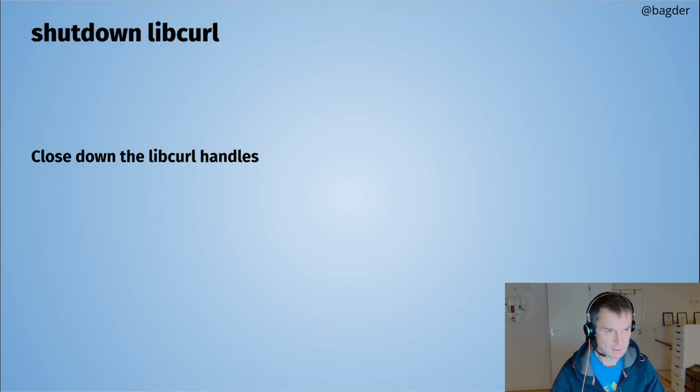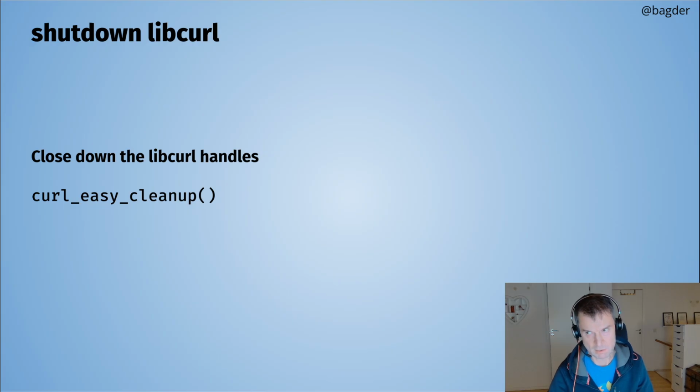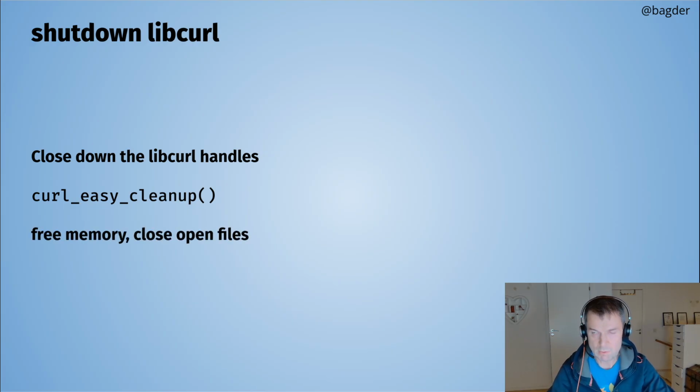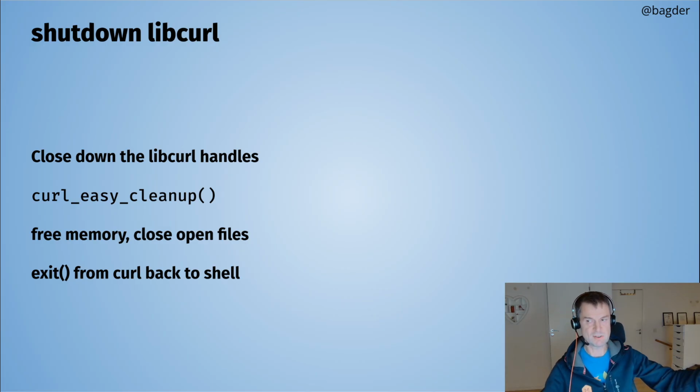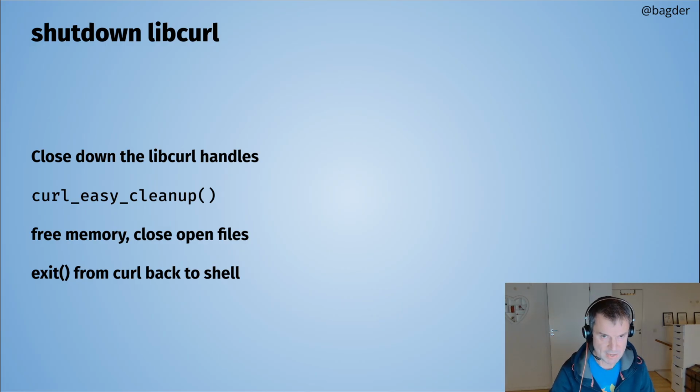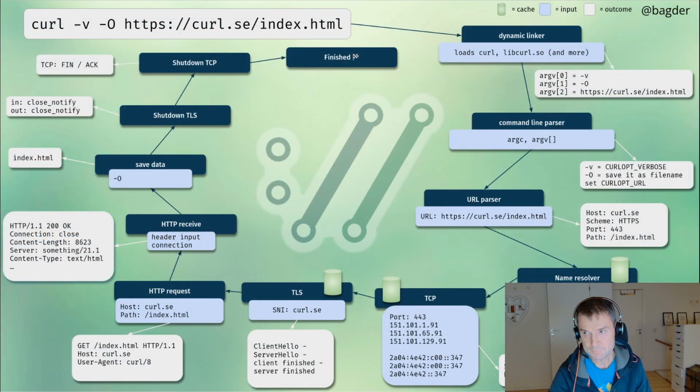So in the curl code, we now close down the libcurl handles that are responsible for transfers. In this particular case, the libcurl API is called curl_easy_cleanup. We free all the memory, we close all the files, and bam, we're done. The command line tool then exits back to the shell, and we come back to where we started.